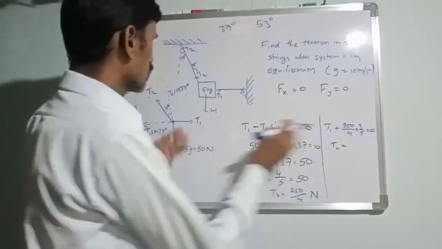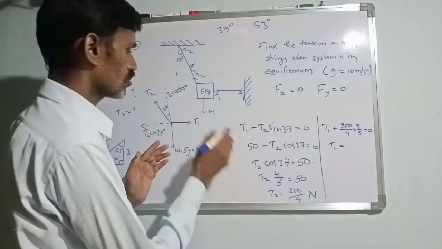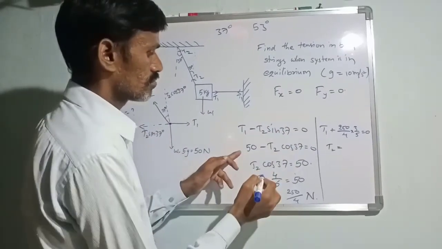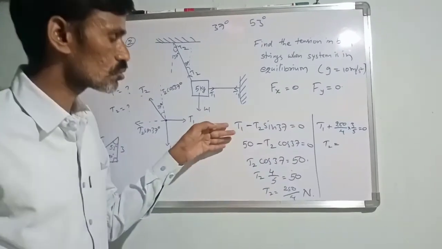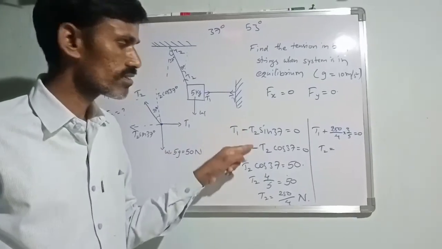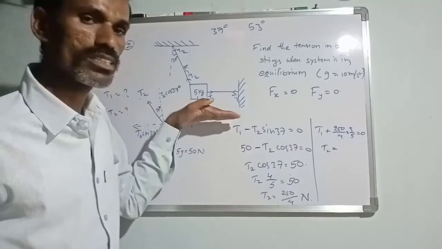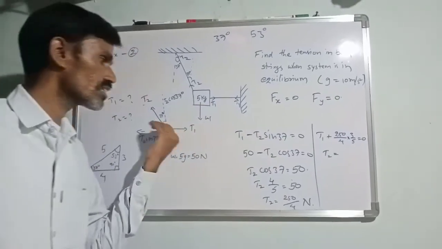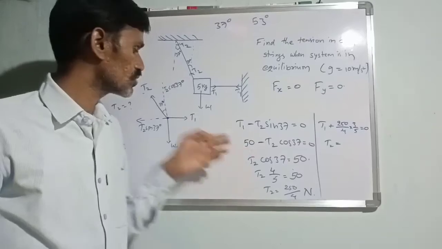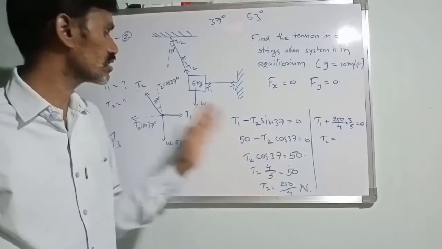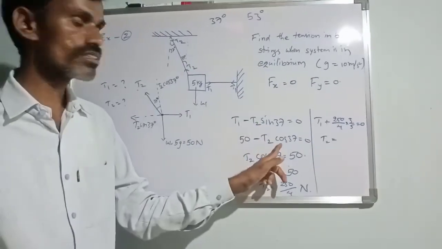Same here also. So in both these two equations, here we take minus symbols because T1 is in positive x direction, T2 sine 37 is in negative x direction. 50 is downward direction, so this is in opposite direction. That's why taken as minus.